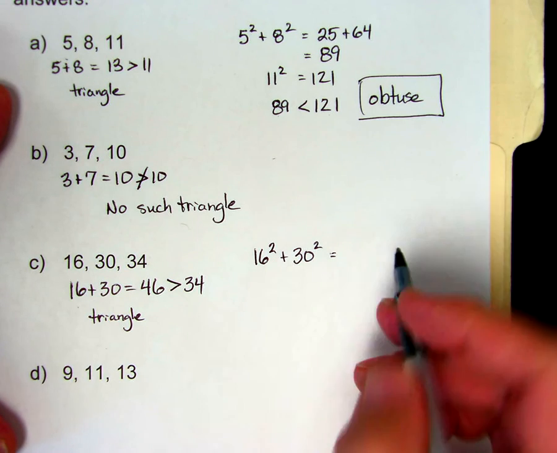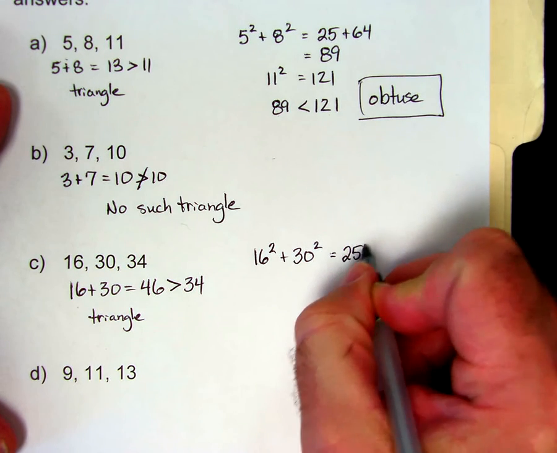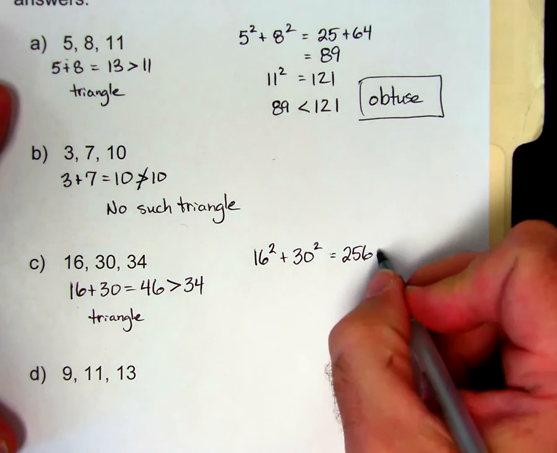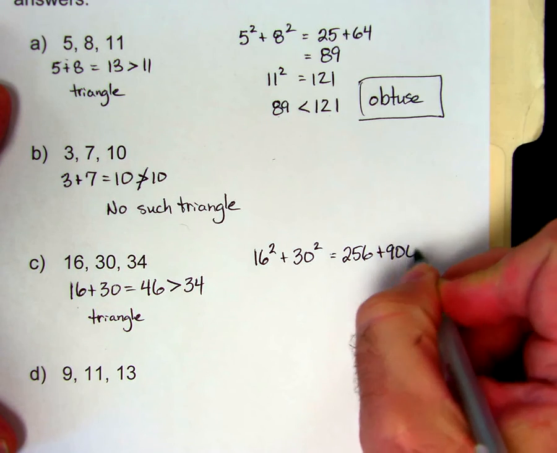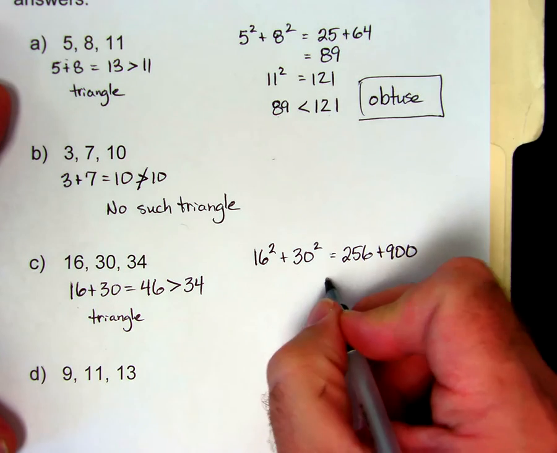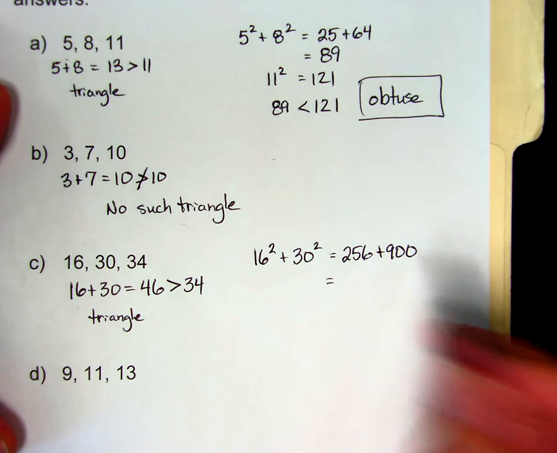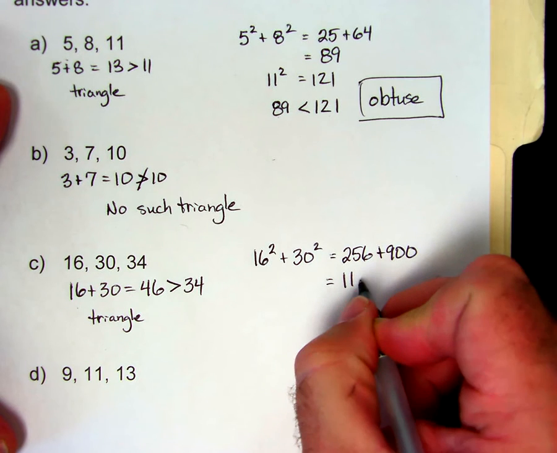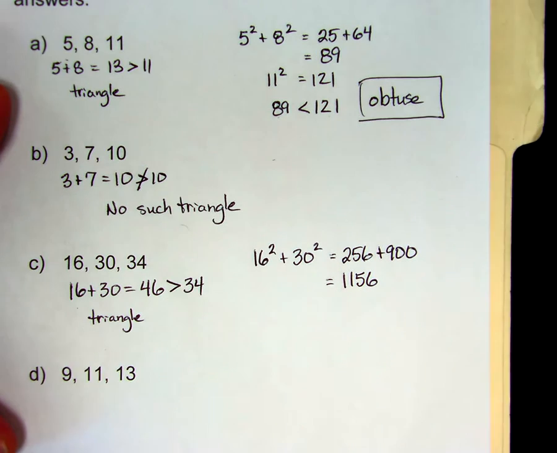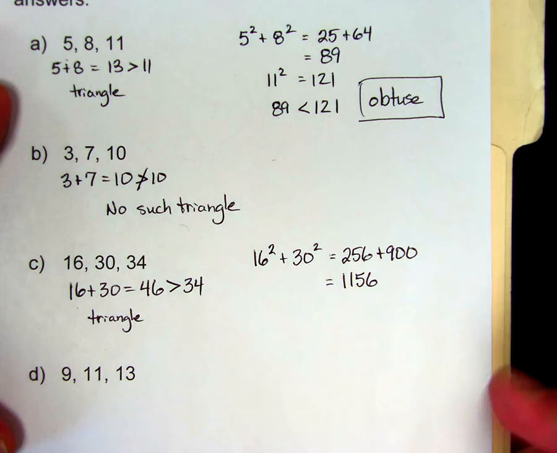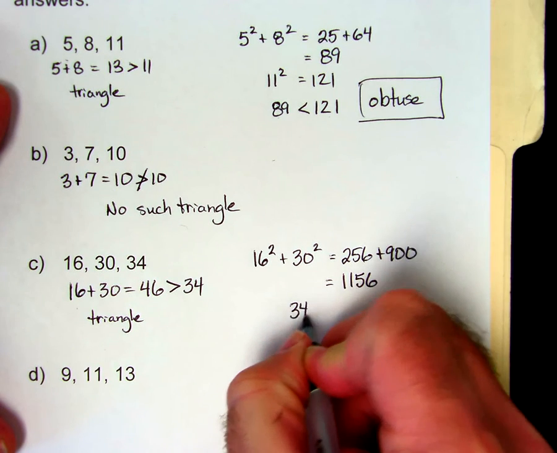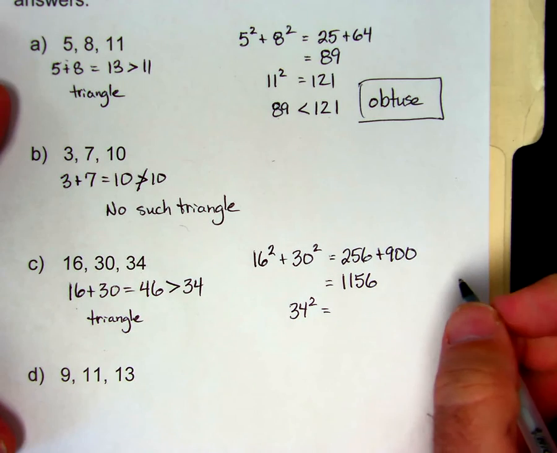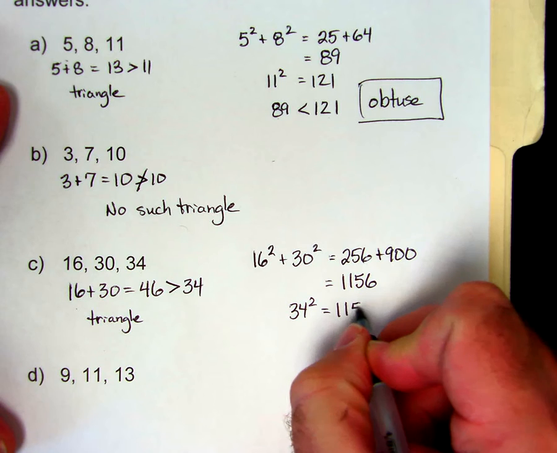So 16 squared is 256. 30 squared is 900. 256 plus 900 is 1,156. If I square 34, I also get 1,156.